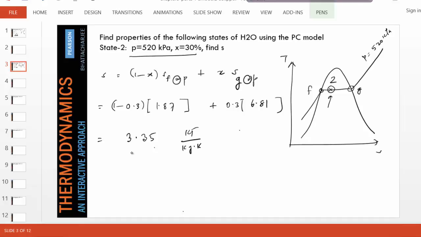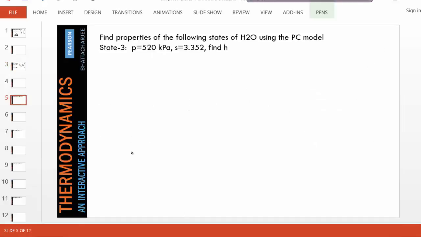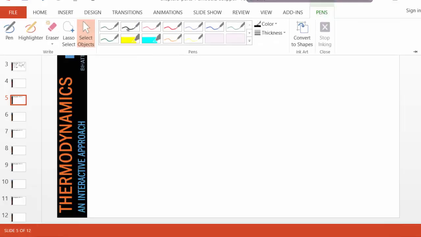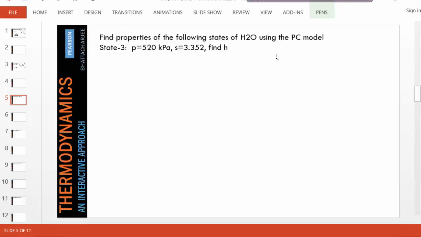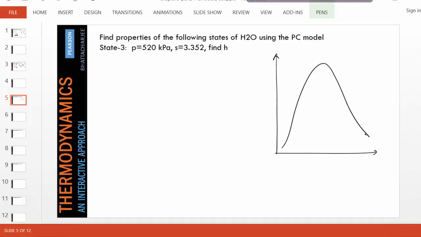Okay, let us move on to the next problem, finding state 3. This time, pressure and entropy are supplied. And let's assume that this is a standalone problem. I obviously chose the problem connected with the previous one, but it could be any pressure and any temperature and any entropy.